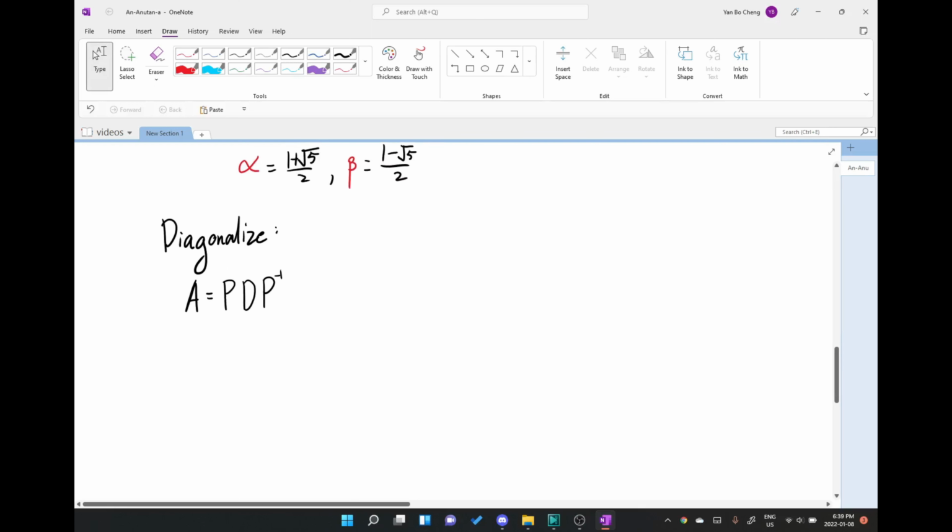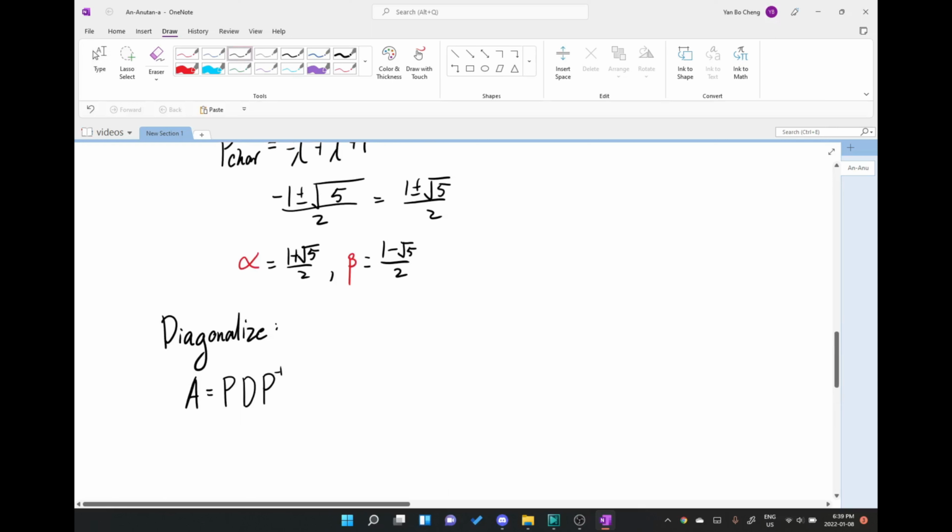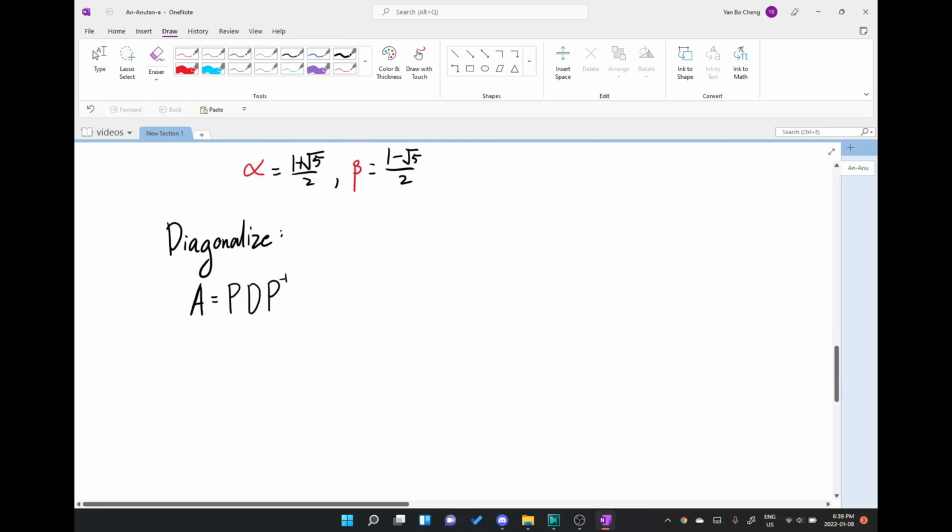To do this, we just need to find the eigenspaces, which we can find by utilizing the eigenvalues that we got from before.